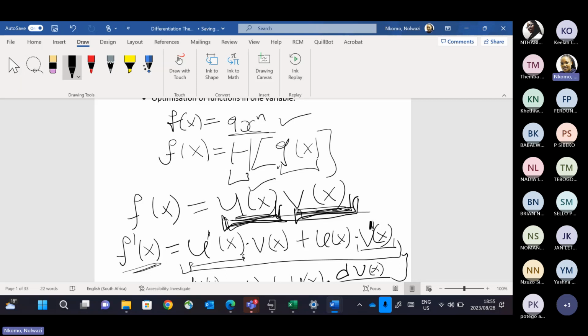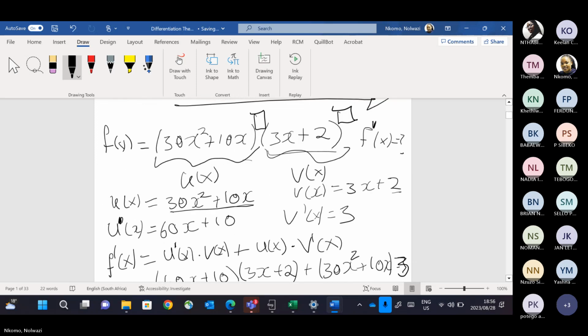Or you can differentiate this function first and then multiply with this, then differentiate this function second and multiply with this one. The order doesn't matter.